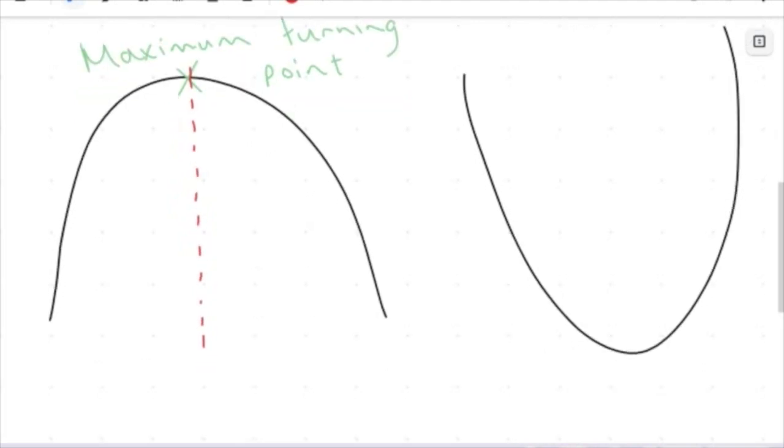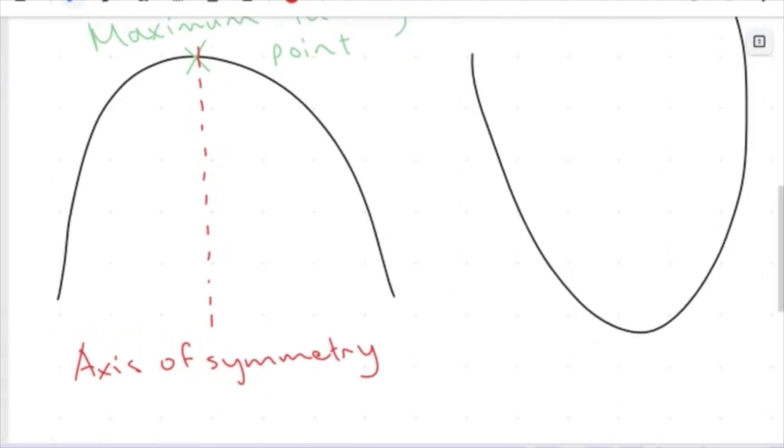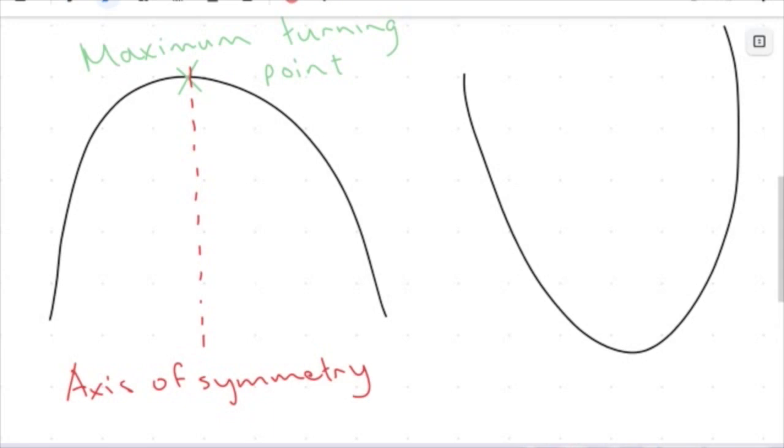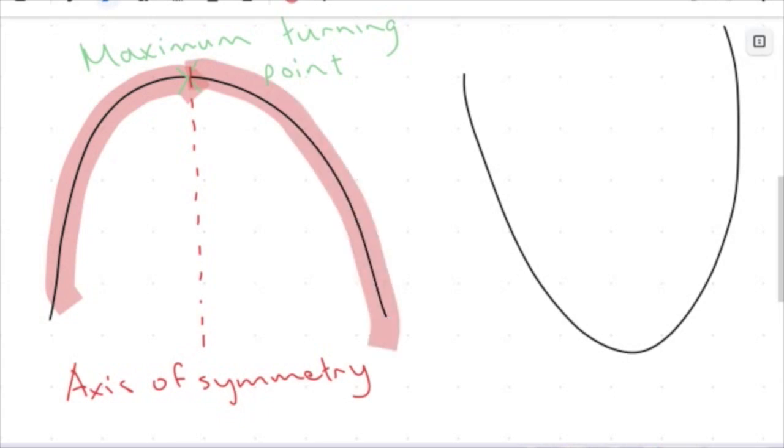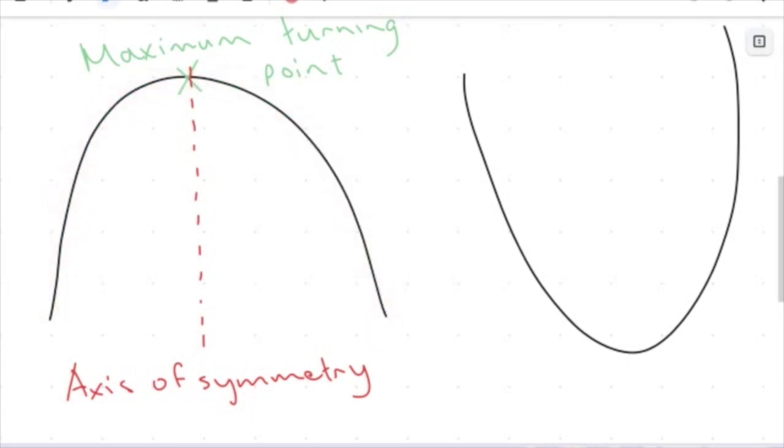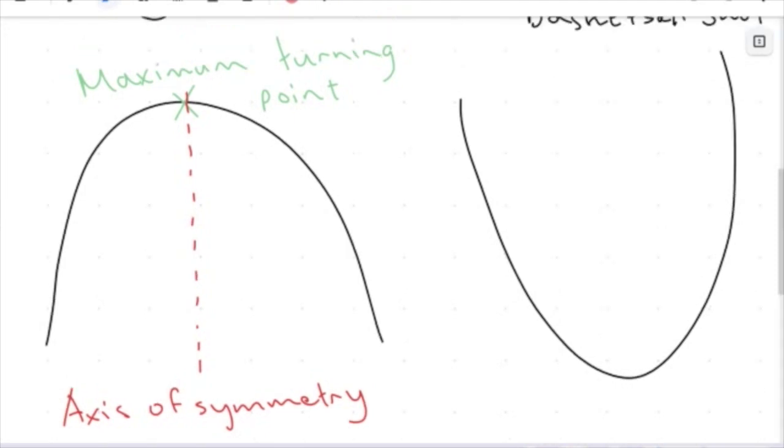But at this maximum turning point, we actually have an axis of symmetry. So that means that right at this top point, this is reflected on the other side.